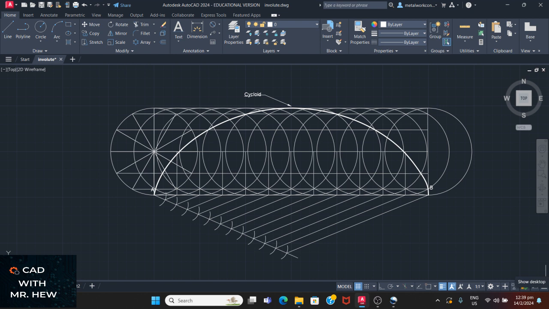Intersection of the circle and the horizontal line. Intersection of the circle and the horizontal line. Intersection of the circle and the horizontal line. Midpoint.